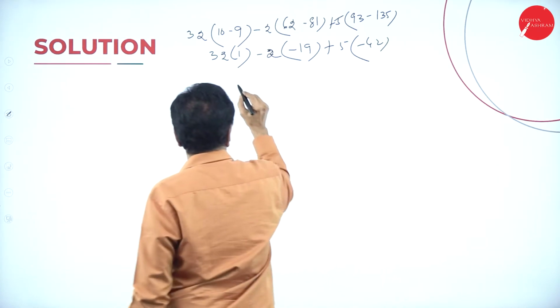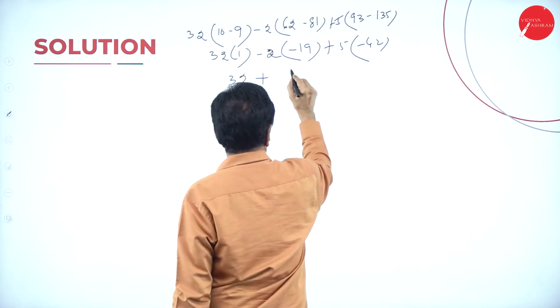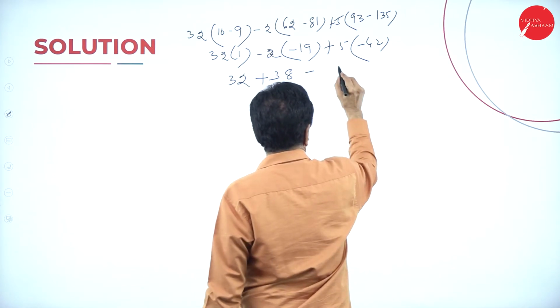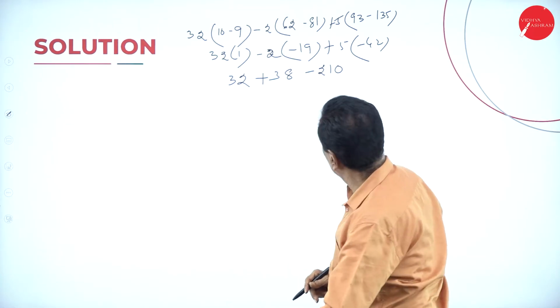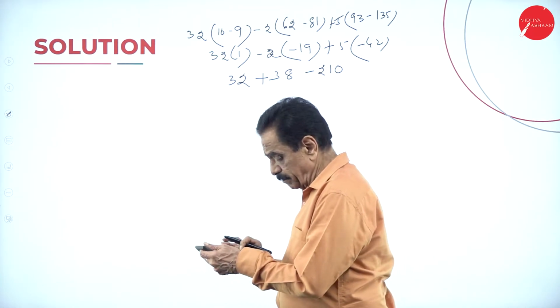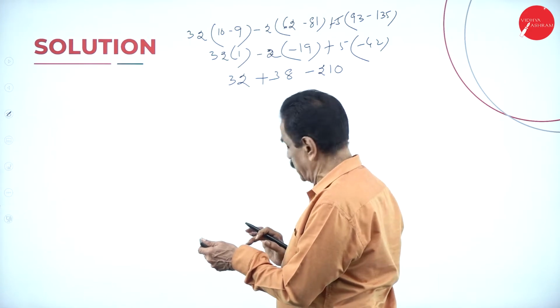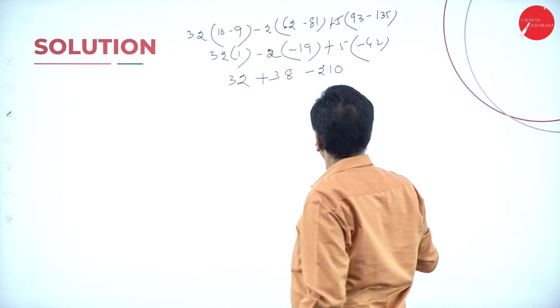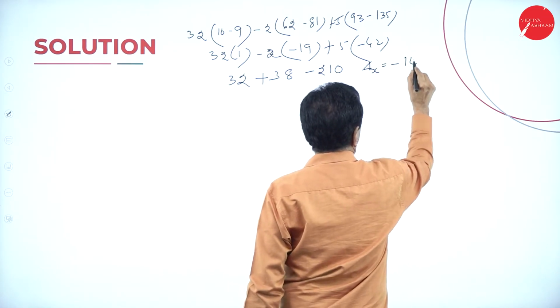This is 32, minus plus 38, minus 210. 210 minus 38 minus 32 minus 140. So delta x is equal to minus 140.